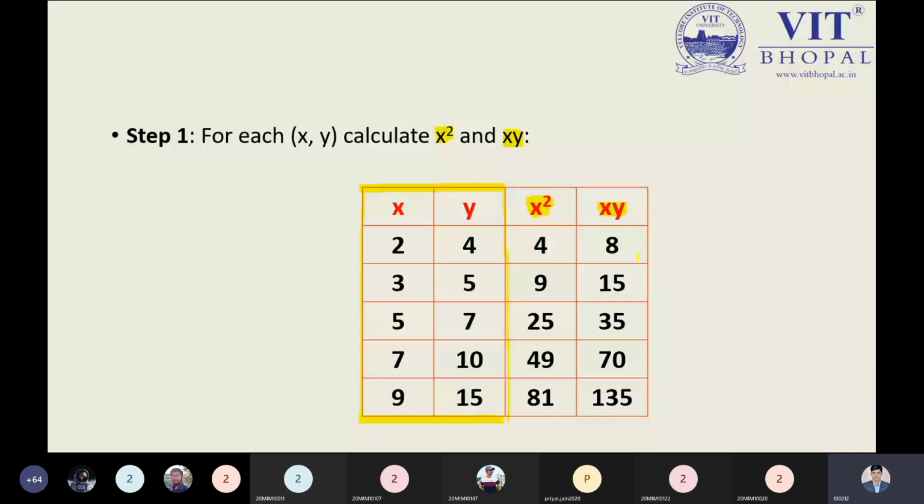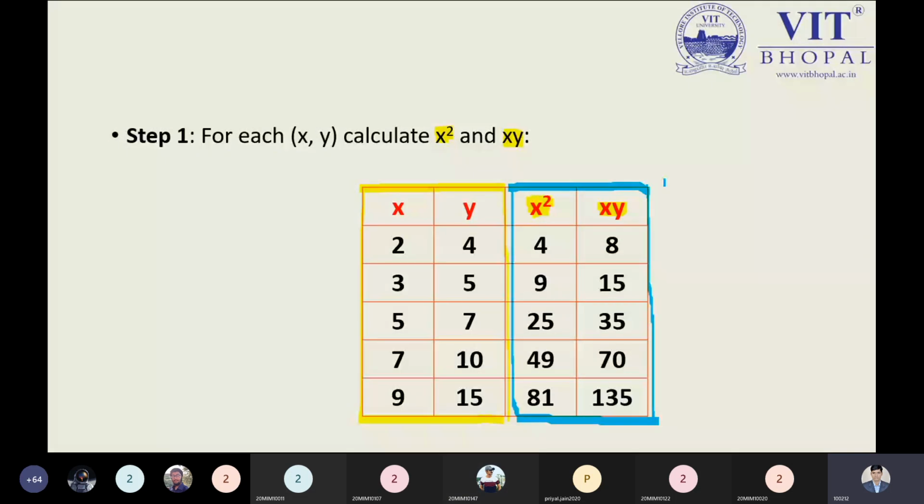So these are the two parts. Now this is clear to all right now? Is it clear to all? Yes, sir.